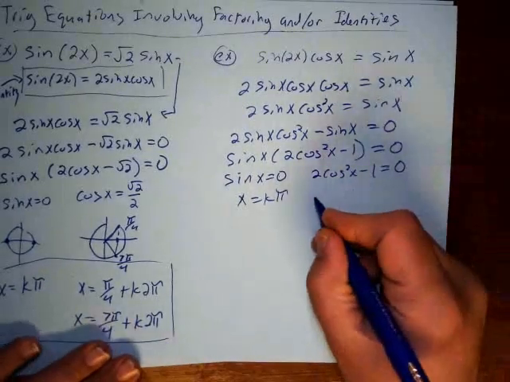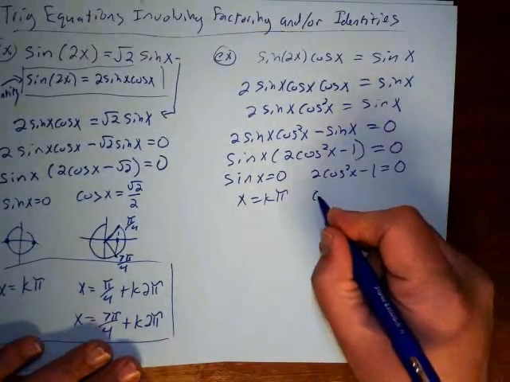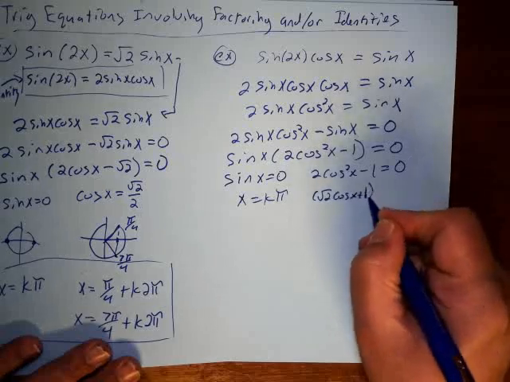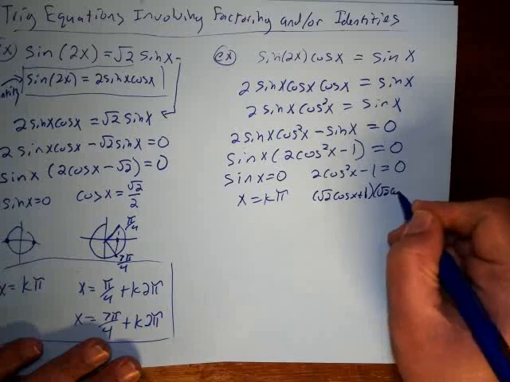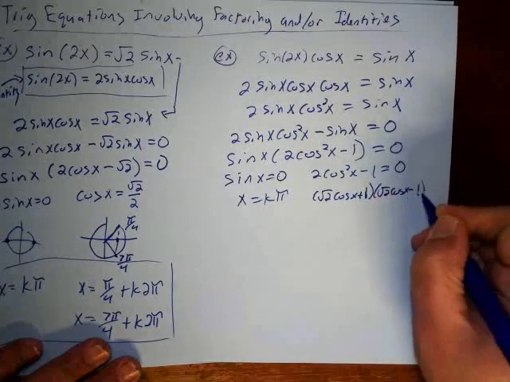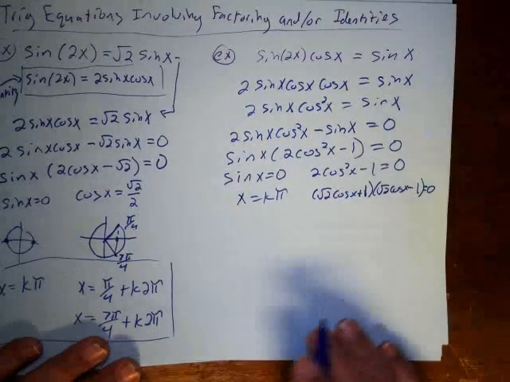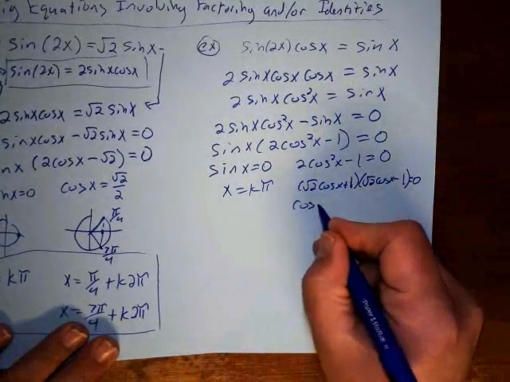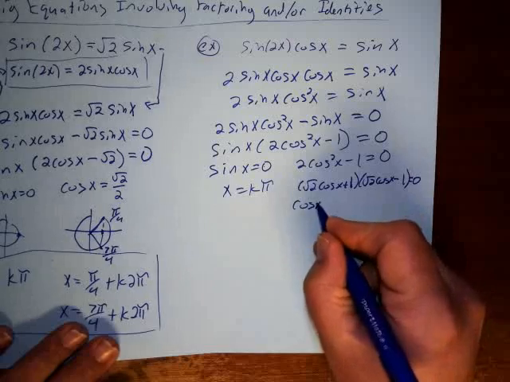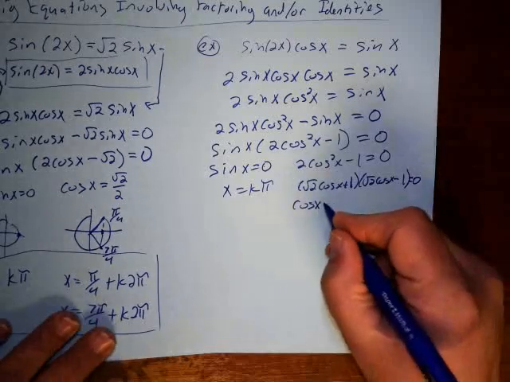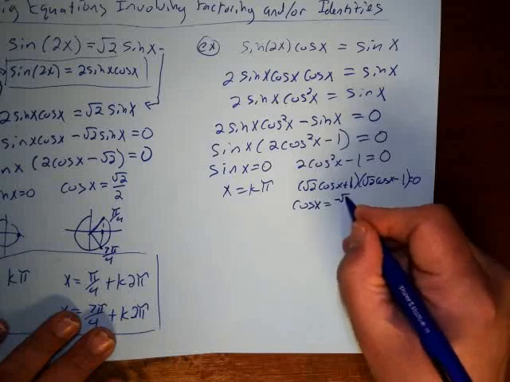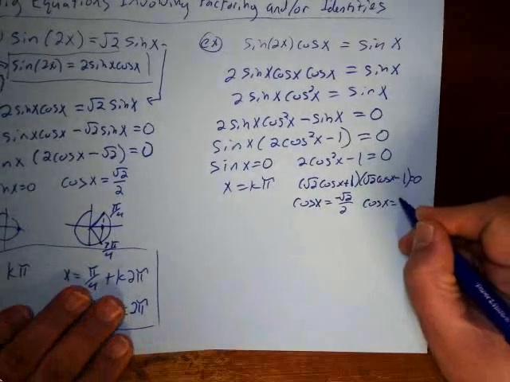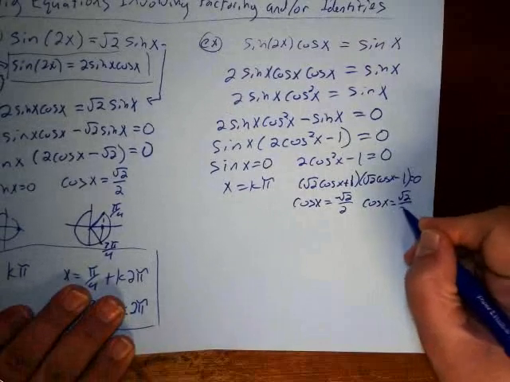And then this one, I could factor it again into square root of 2 cosine x plus 1 times square root of 2 cosine x minus 1 is equal to 0. And then these actually become cosine x is equal to negative square root of 2 over 2, and cosine x is equal to the square root of 2 over 2.